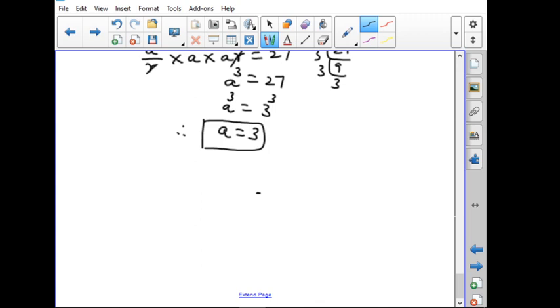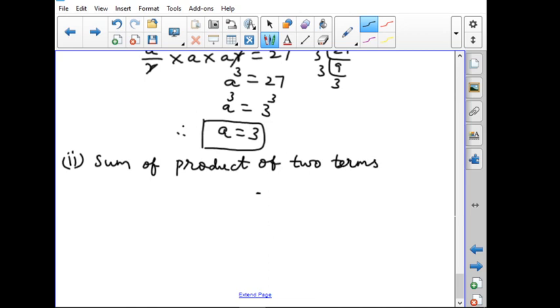Next, the second condition they have given: the sum of the product of two terms taken at a time equal to 57 by 2.